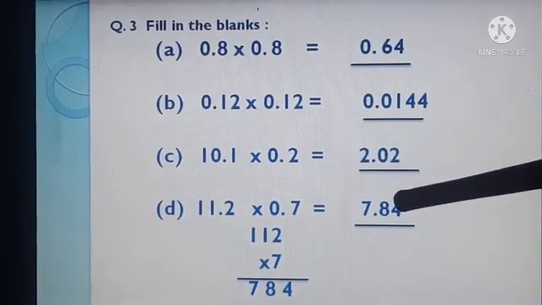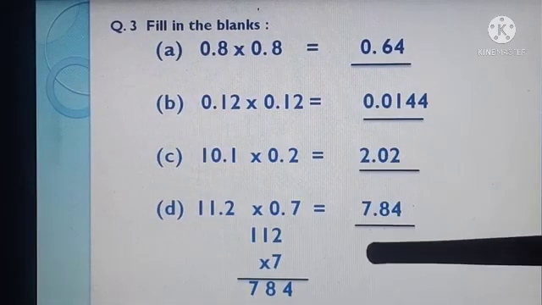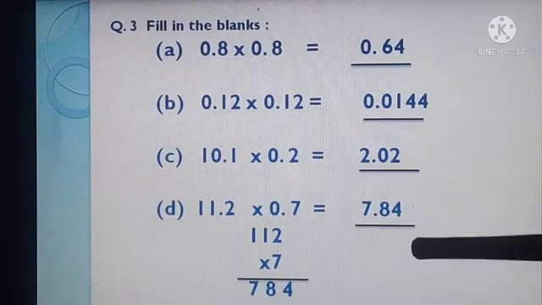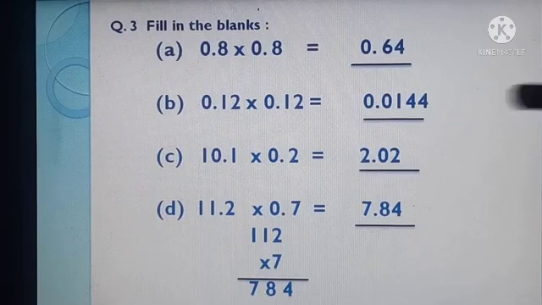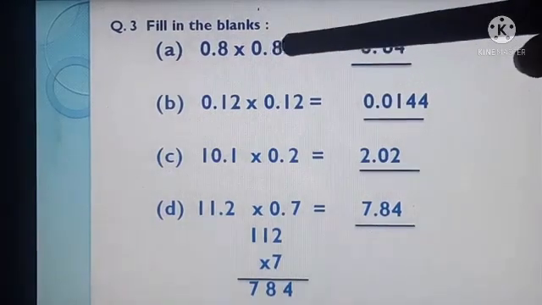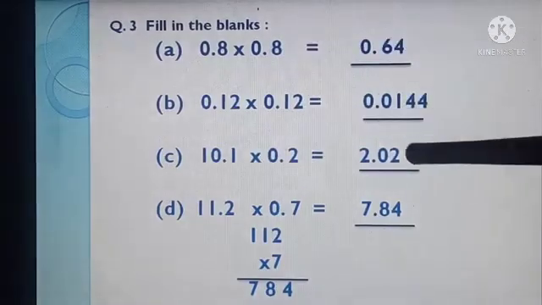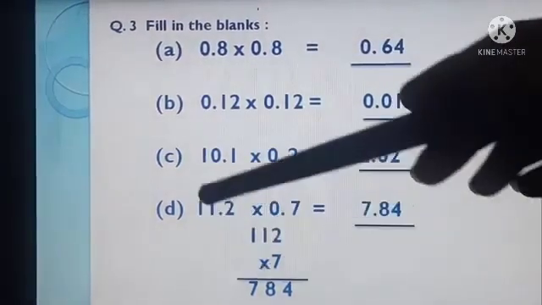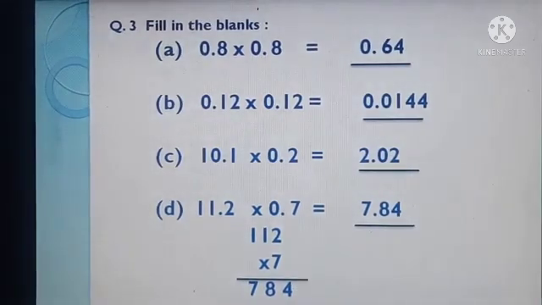So count here 1 and 2, put the decimal here. So our answer is 7.84. Right? If the questions are simple, small, and you can do them orally, then no need to show the multiplication. And if it is like this, 112 multiplied by 7, then you can do the multiplication in your rough column.